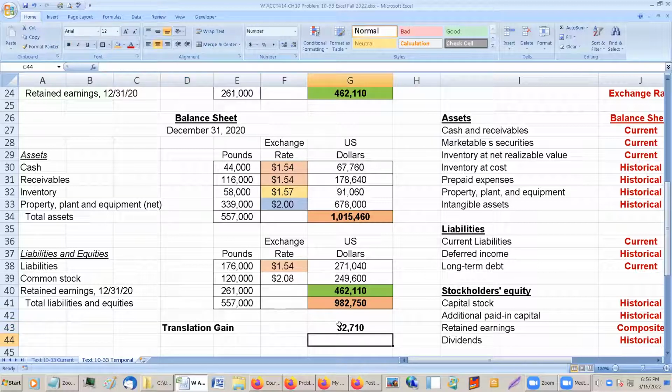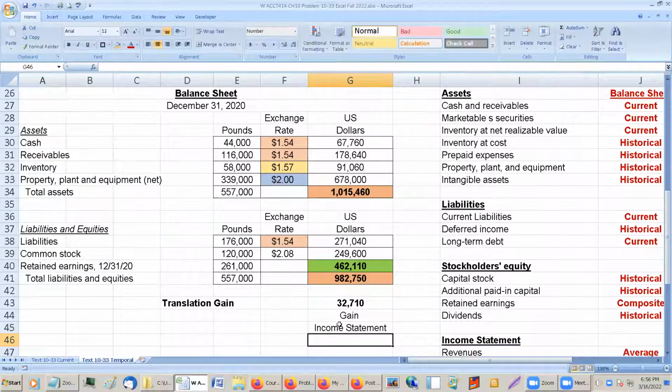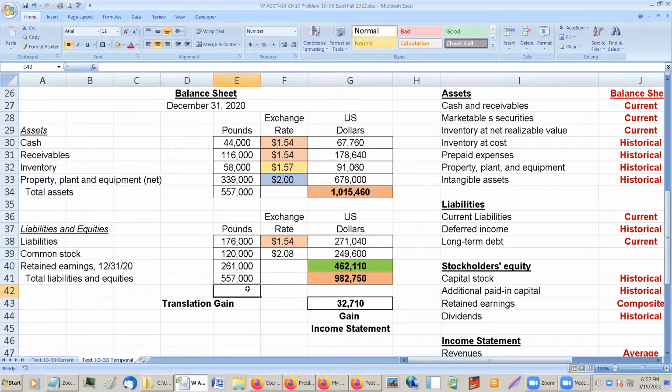So this would be a gain on the income statement, and it would be a regular gain, because everything is translated into US dollars. So it is what it is. It's just being in US dollars, that would be the gain.